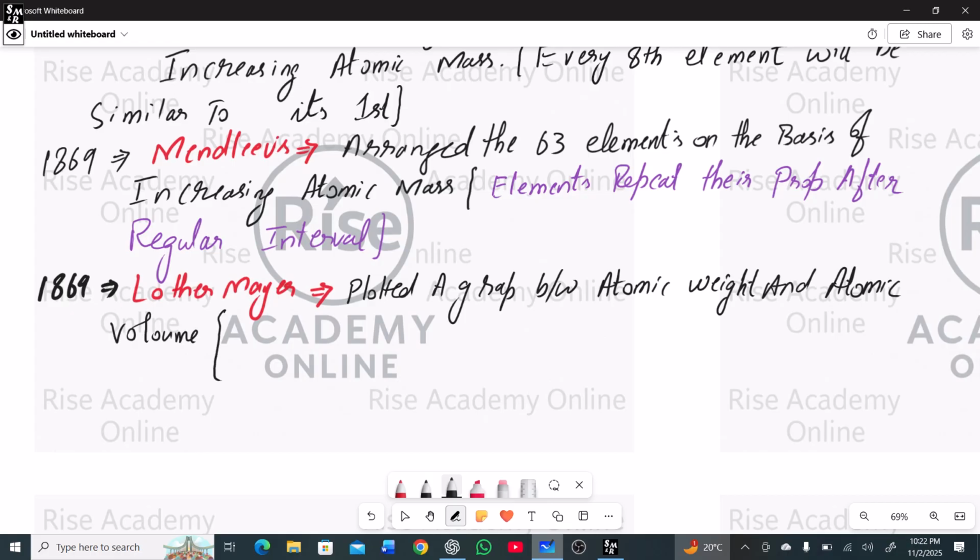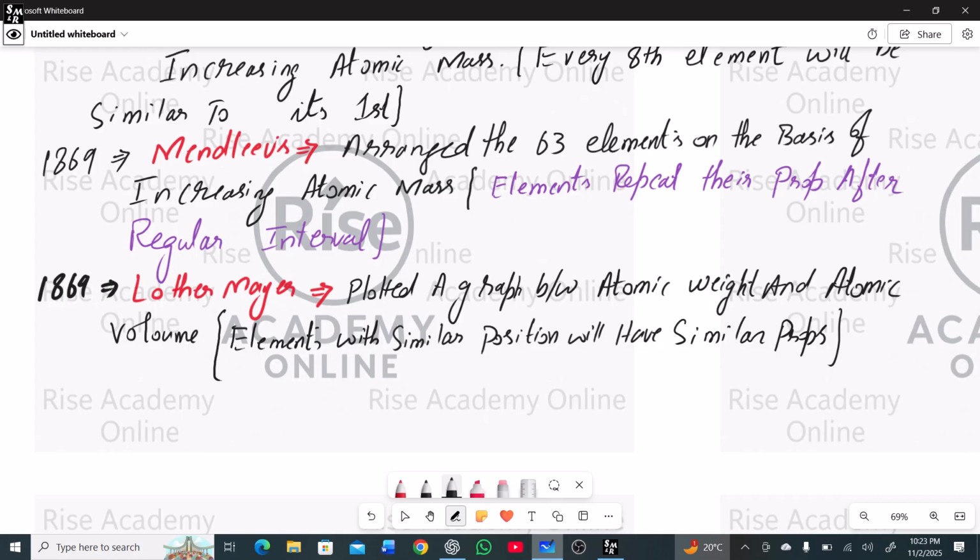His conclusion was that elements with similar positions will have similar properties. But that was not a successful effort.